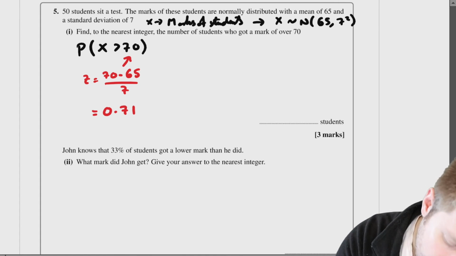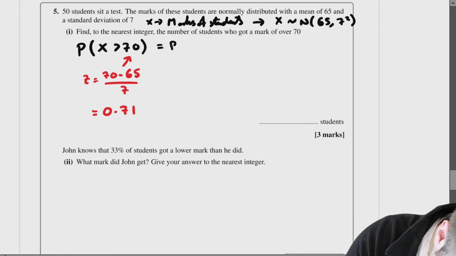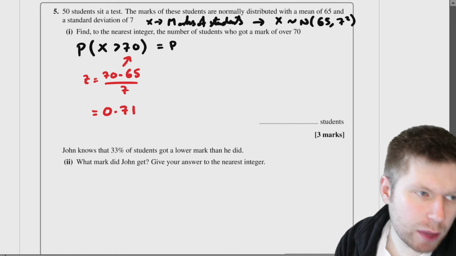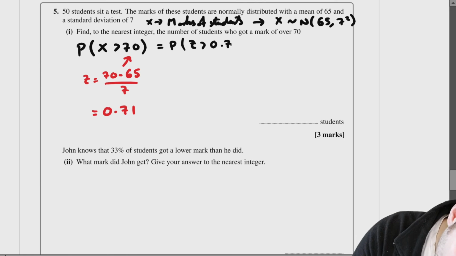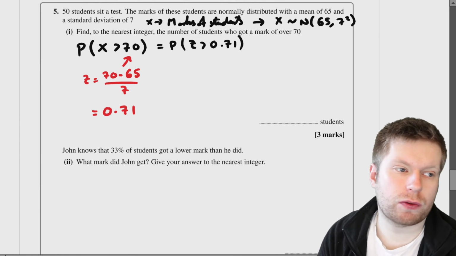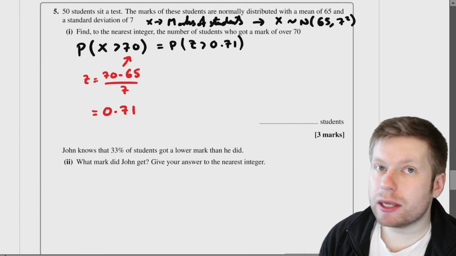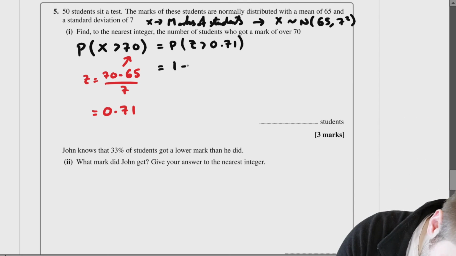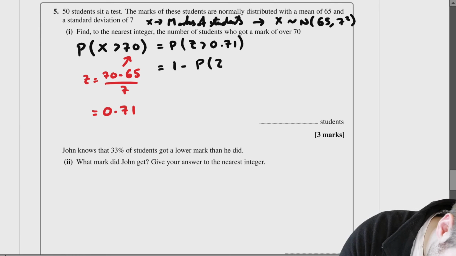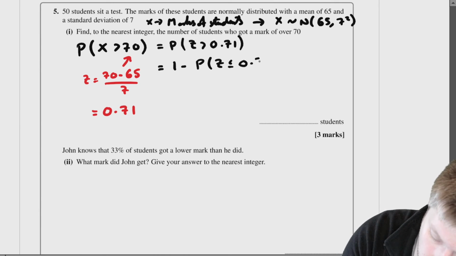0.71. So in other words, I know that the probability that X is greater than 70 should be, well, what's the probability that I'm looking for a value more than 0.71 units of standard deviation from the mean? Clearly, I'm going to be using the tables here, so I need a less than probability. So this should be equal to 1 minus the probability that z is less than or equal to 0.71.